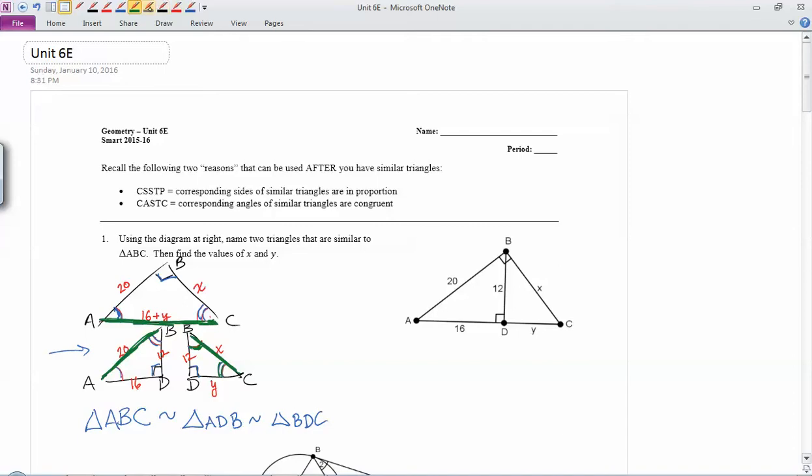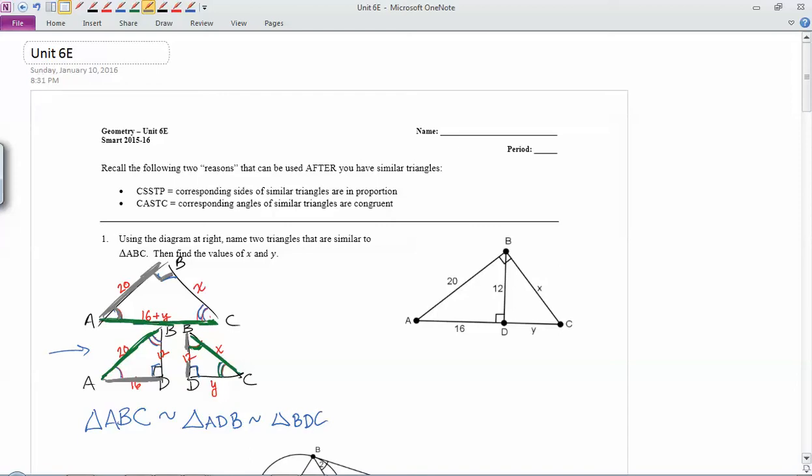Okay. If we look at, let's say, the 20 on the top, up here, well, that's between the one curve and the right angle. So the 20 on top is going to match up with the 16 down here and the 12 in the triangle over here on the right.